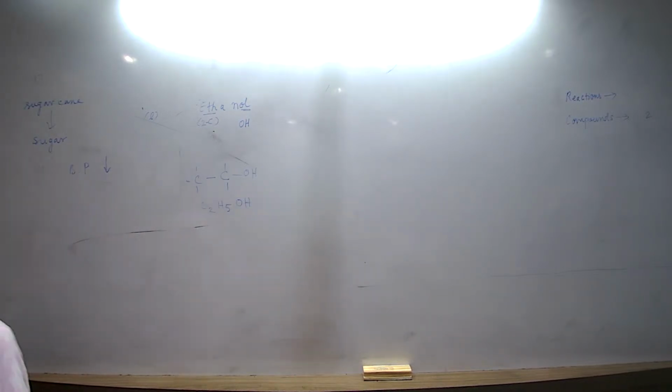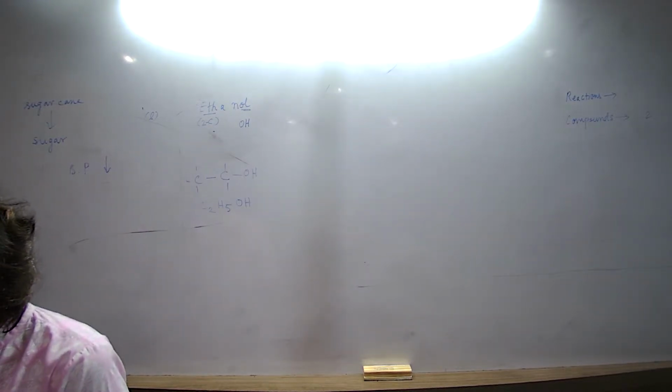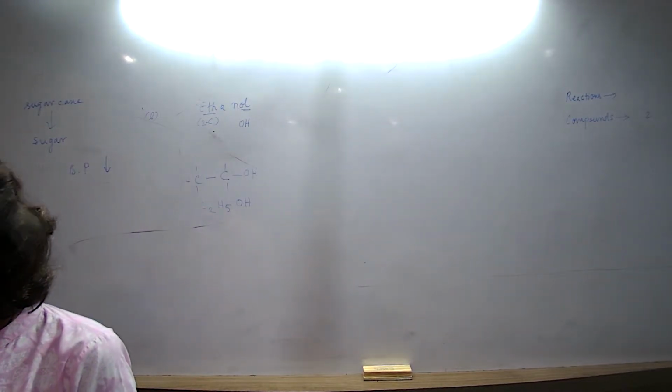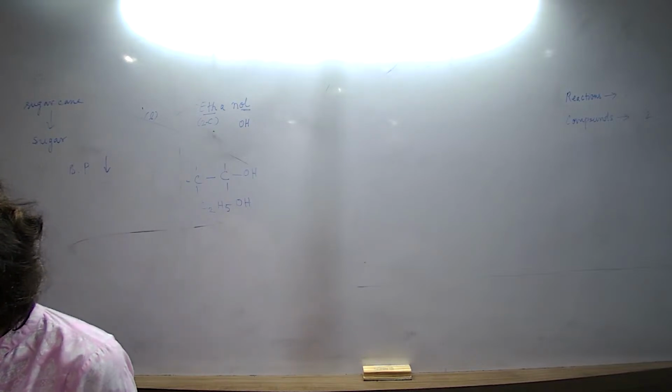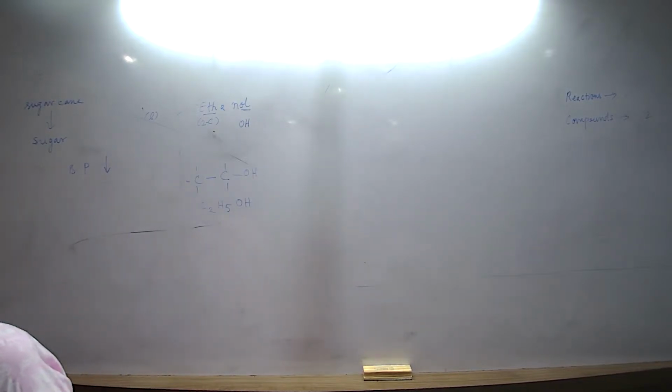Next, for the melting and boiling points, they are asking you to refer to that table. Where is your table 4.1? Go back to the first page of the chapter, where you have a small table. Did you notice that?